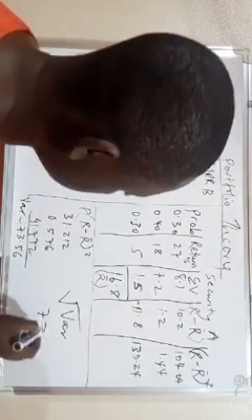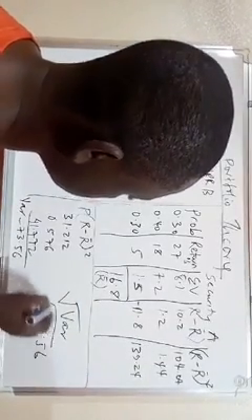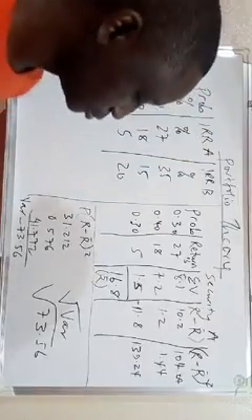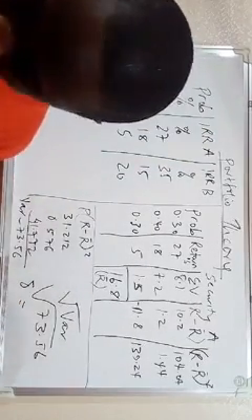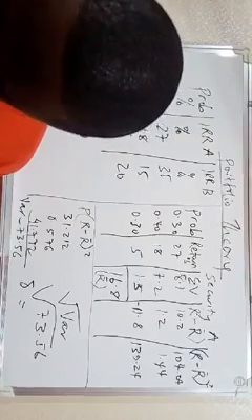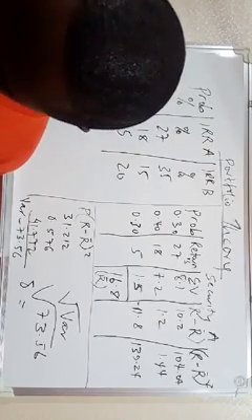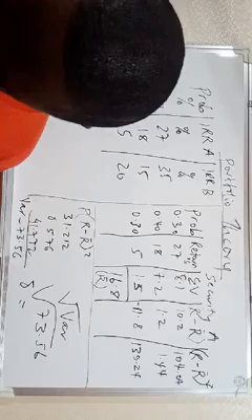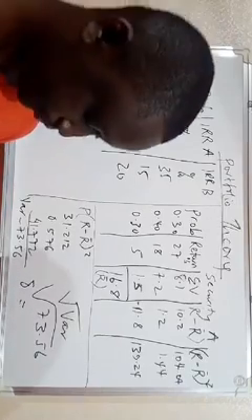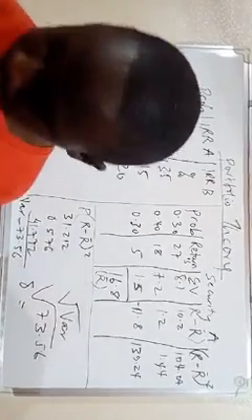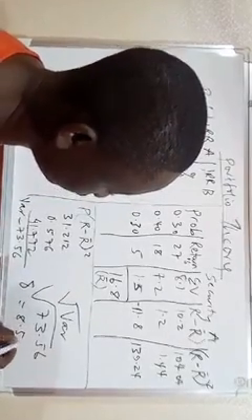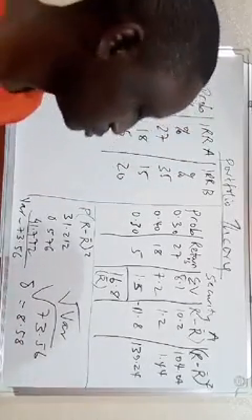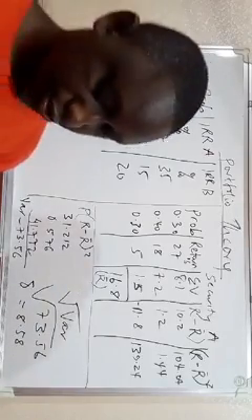So 73.56 square root equals to 8.58. So this is the standard deviation.